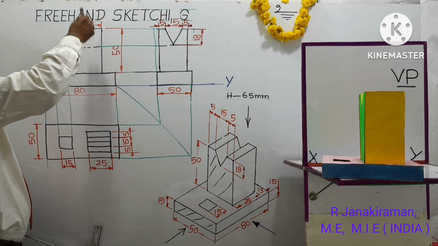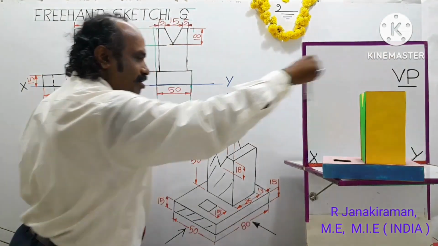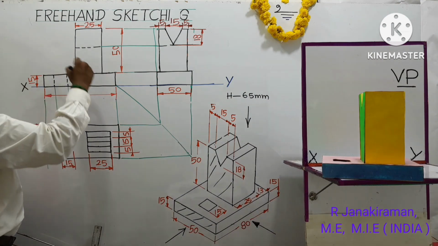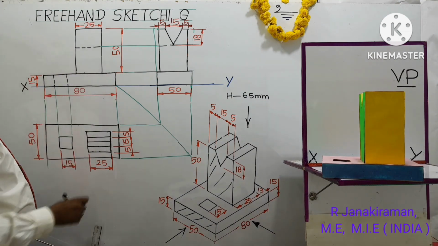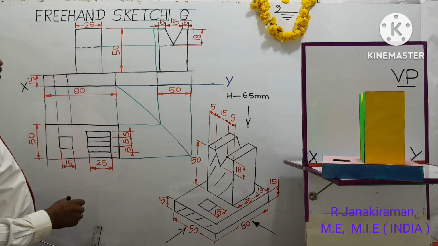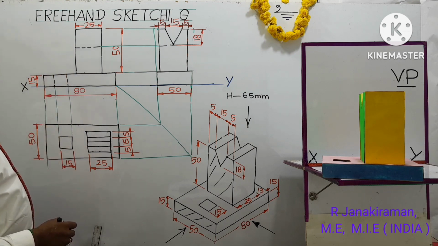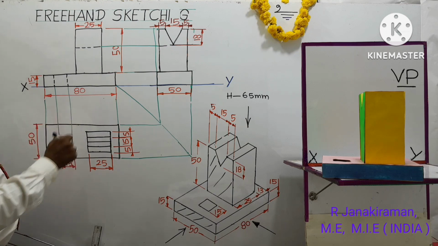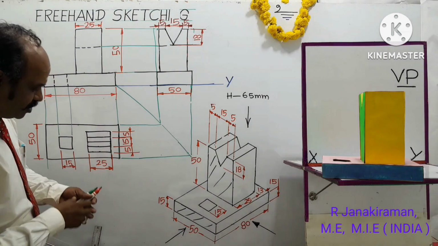There something is passing inside. That V groove is available, but not seen in the front view. It should be indicated by means of dashed lines, a broken line or discontinuous line. Usually, a discontinuous line will not be dimensioned, as there are rules to be followed in dimensioning on orthographic projection or freehand sketching. Yes, completed.